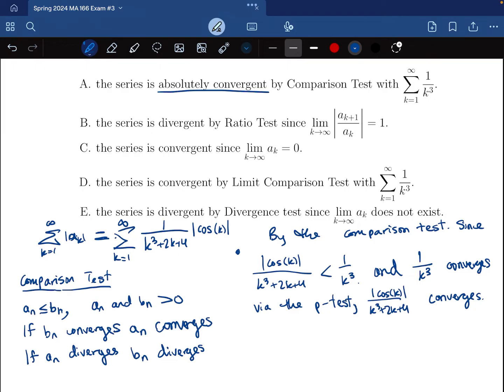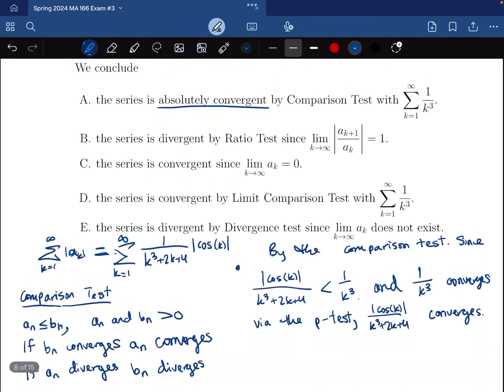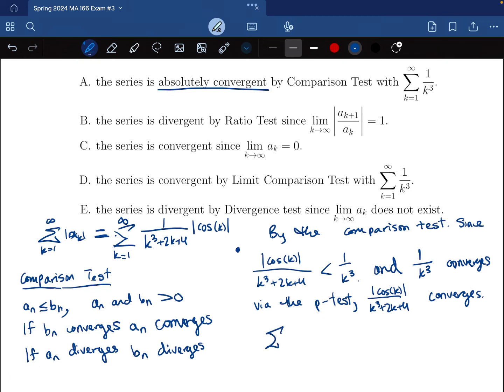And therefore, going back to what we initially set out to prove, this series absolutely converges. So A is true. That is our answer.